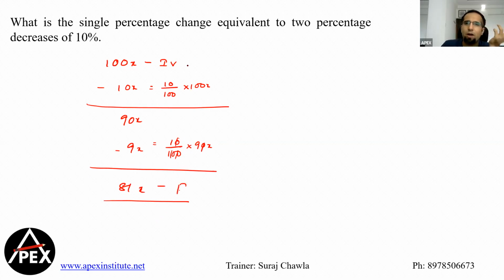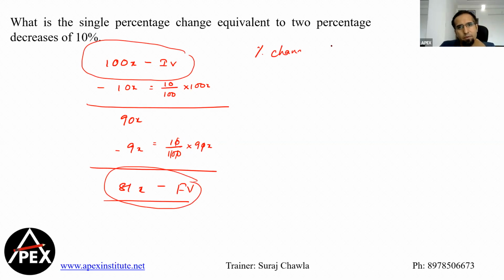So he's asking you only one percentage change. This is the initial value, this is the final value. So can I say the percentage change formula is final value minus initial value by initial value into 100?